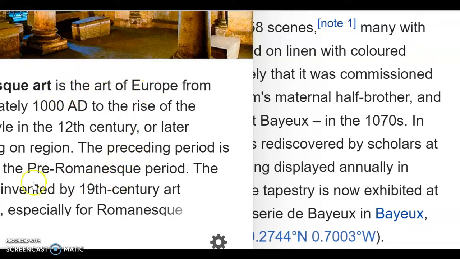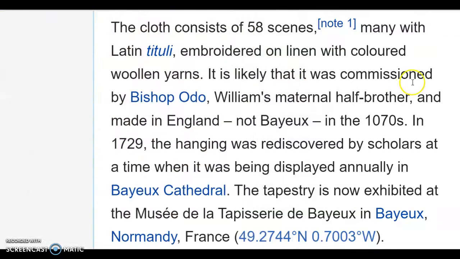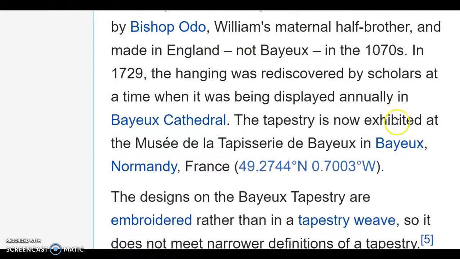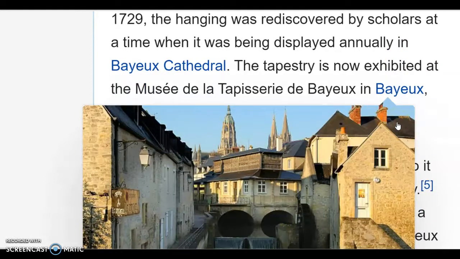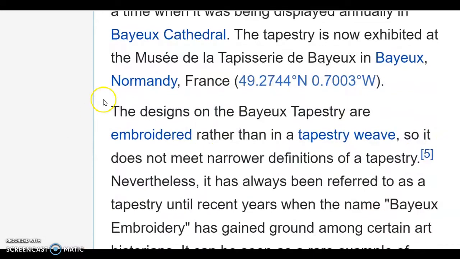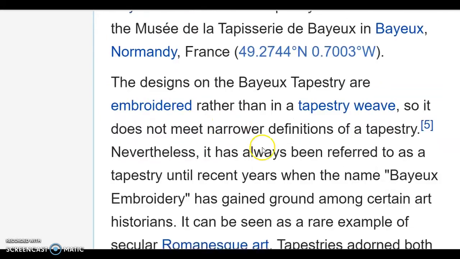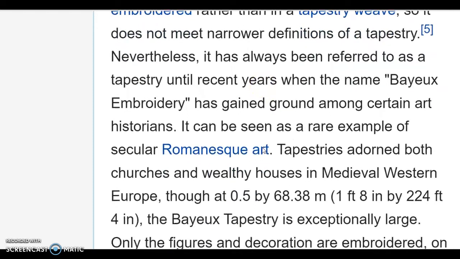And the term was invented by 19th century art historians, especially for Romanesque. So that's basically giving away the story about the Roman idea, right? It's 19th century basically, the Roman idea. Of course, that is basically the same as Roman, isn't it? And the designs are embroidered. Of course they are, see, it's made up.